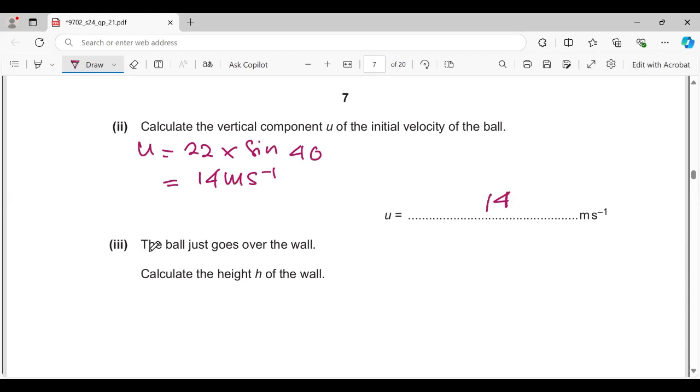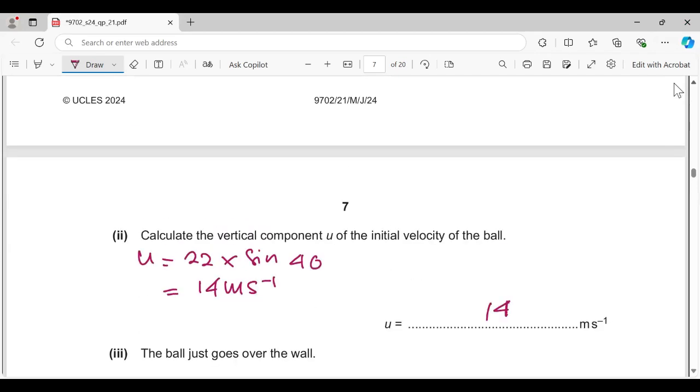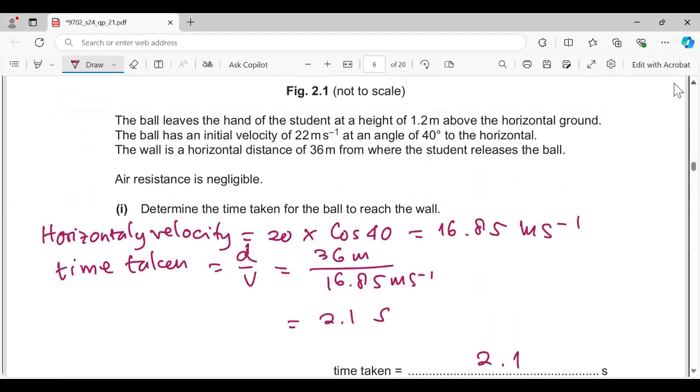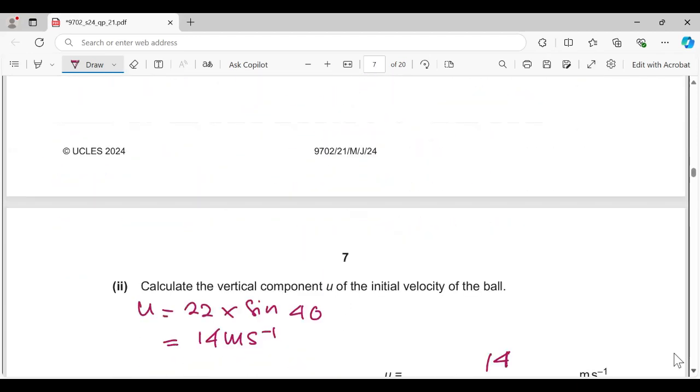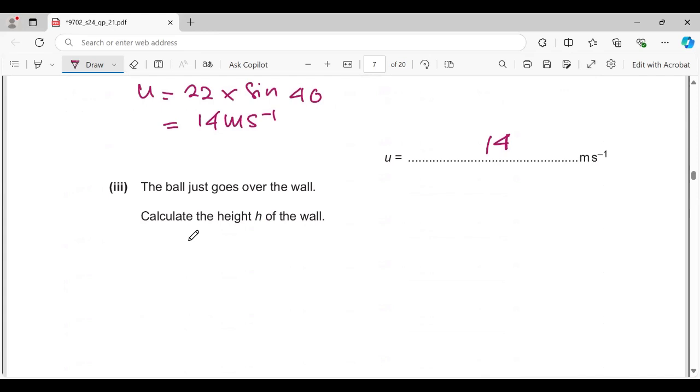And part three, the ball just goes over the wall. Over the wall means it has already passed the wall. So the question is to calculate the height of the wall.